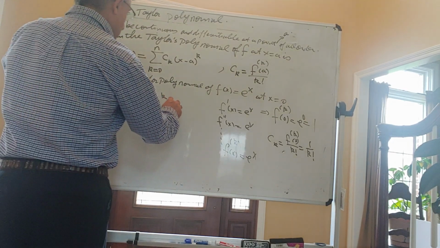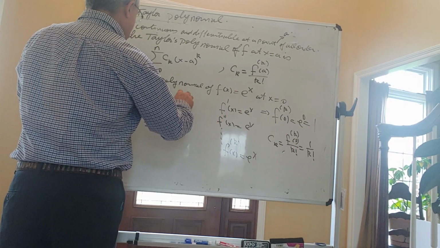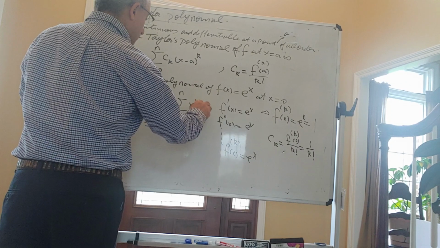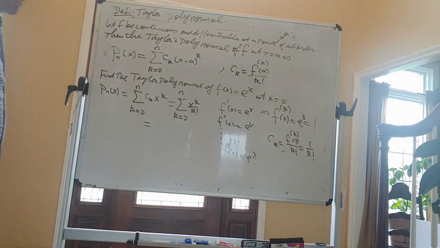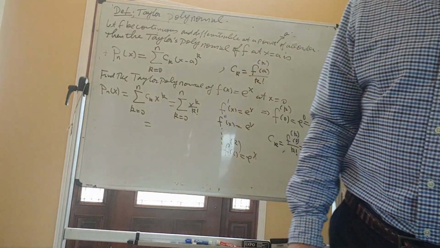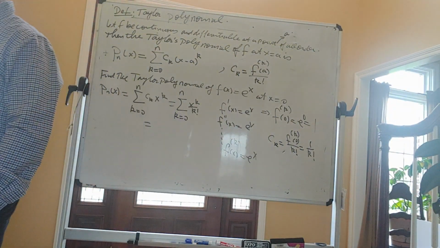So that is the sum from k equals 0 to n of x to the k over k factorial. So that is the Maclaurin polynomial for the function, and so forth. All right, any questions?